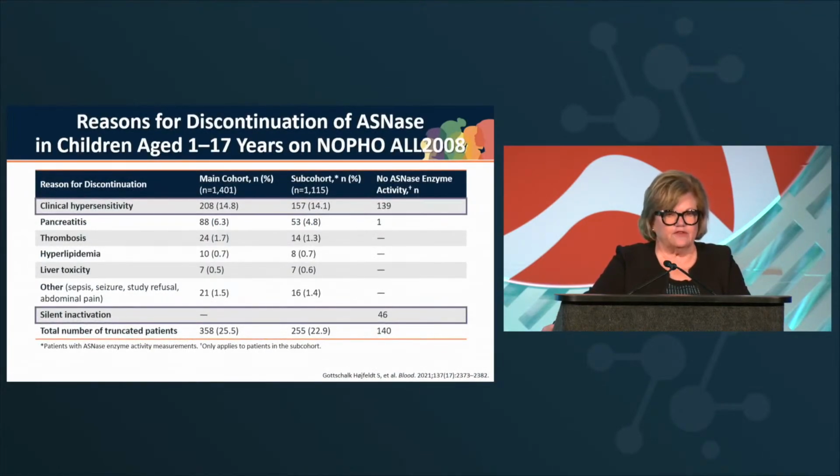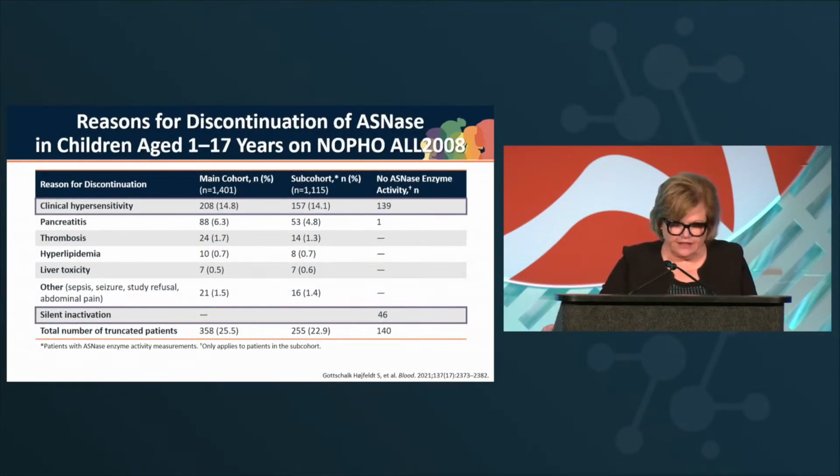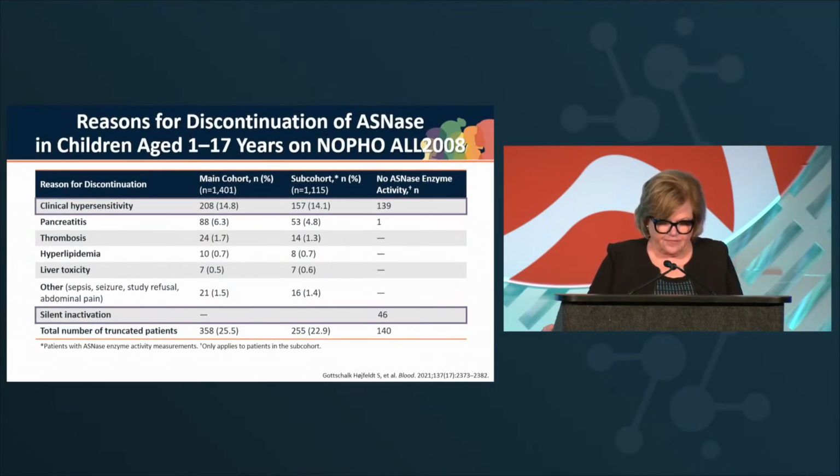So some of the reasons that we want to discontinue our asparaginase in children that are on therapy between the ages of 1 and 17 would be if we were to see hypersensitivity or if we saw silent inactivation.